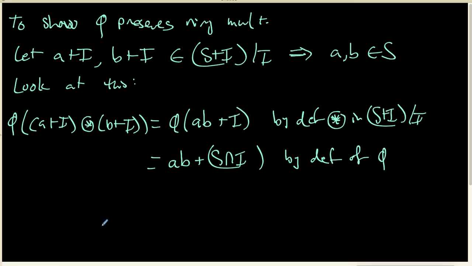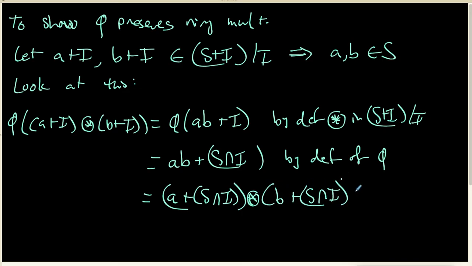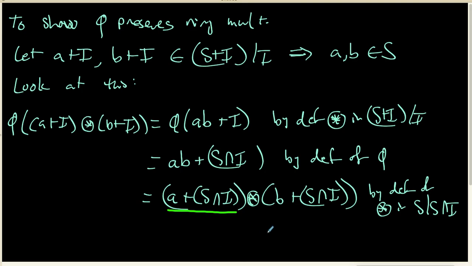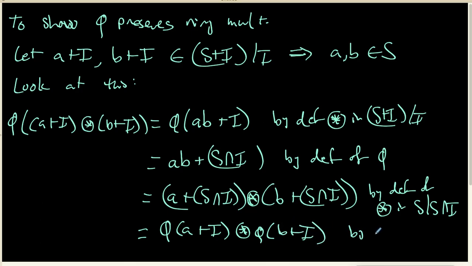But this is a coset product in the ring S mod S intersect I, and so I can write it as A plus S intersect I times B plus S intersect I, and this is by the definition of coset multiplication in the ring S mod S intersect I. But this particular thing here is just phi of A plus I, and this is phi of B plus I, so we wind up saying that this is phi of A plus I times phi of B plus I, and I know this by the definition of phi.